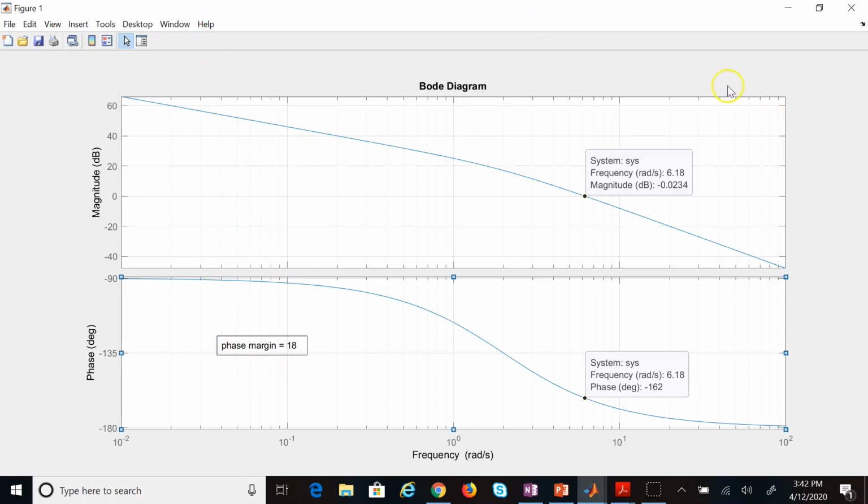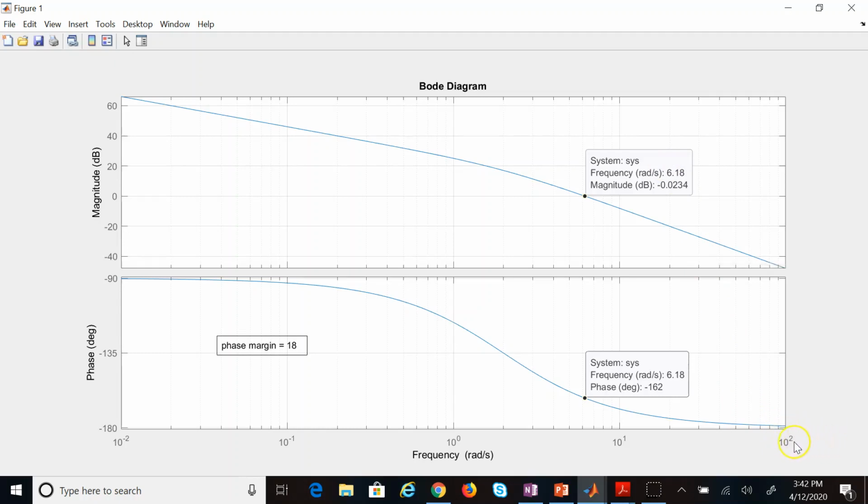And then if I want gain margin, then I add one more data tip. And let's do that. So here we need the frequency at which the phase becomes negative 180. And clearly you see it does not get to negative 180 at any point until this frequency keeps going.